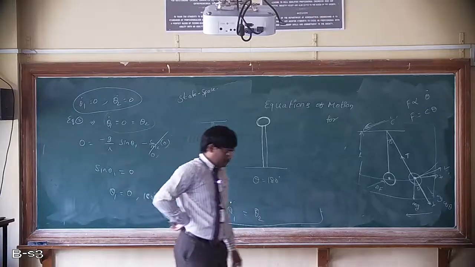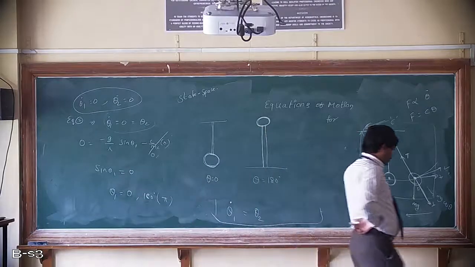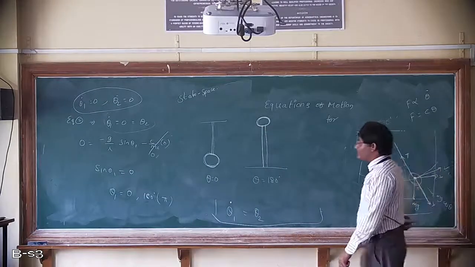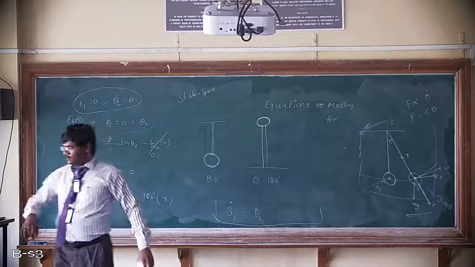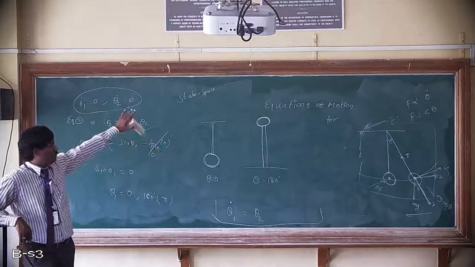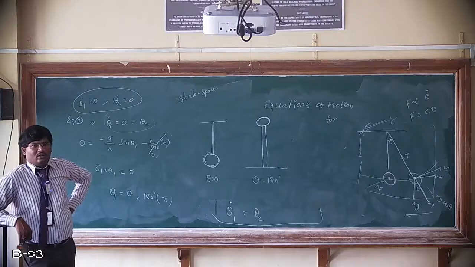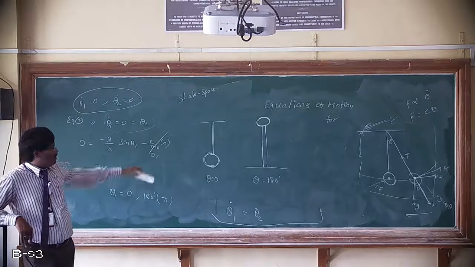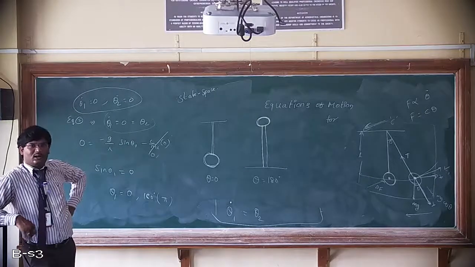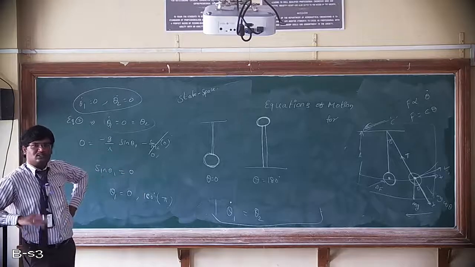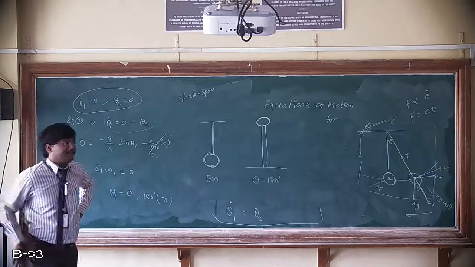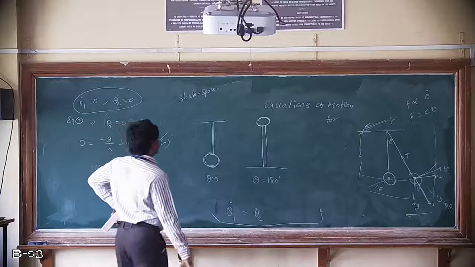Now tell me, what is the difference between these two equilibrium points? Both are equilibrium points, no doubt. The rate of change of state variables is 0, or the net forces and moments acting at that particular point are 0. That is the equilibrium point definition. But what is the difference?